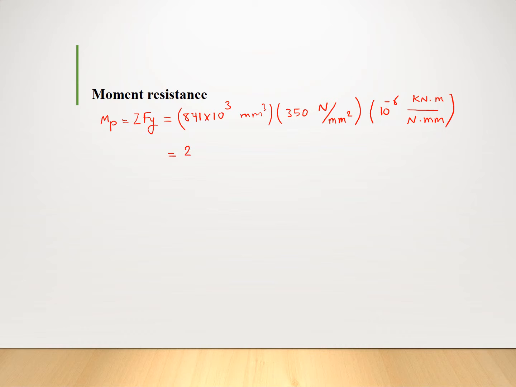Mp will be equal to 294.4 kilonewton times meter.